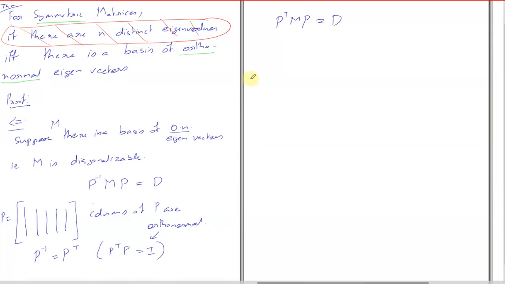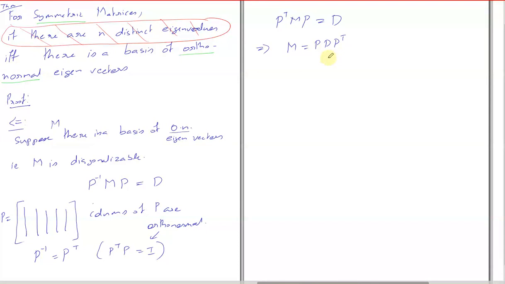Now what can you say about M? M is basically P D P transpose. Do you agree? Is this correct?